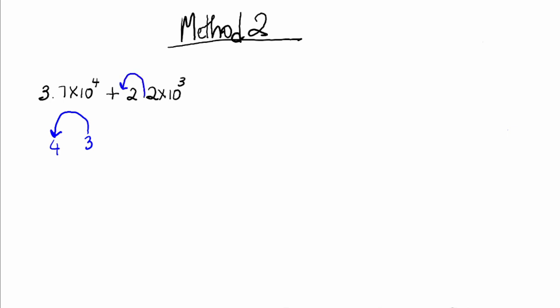And we'll end up with, so now we have 3.7 times 10 to the fourth power plus 0.22 times 10 to the fourth power.